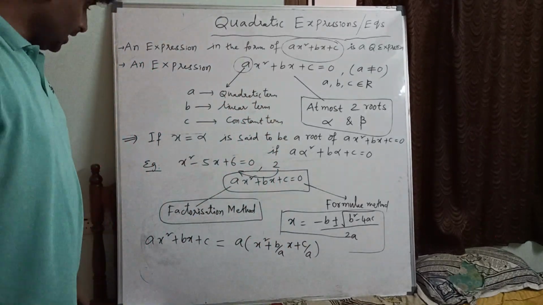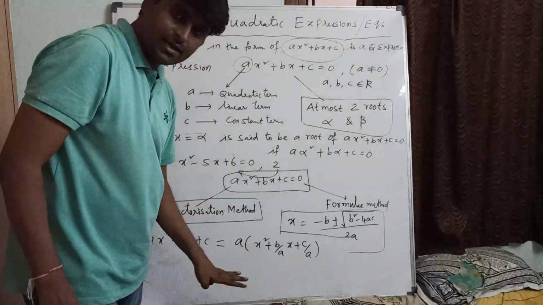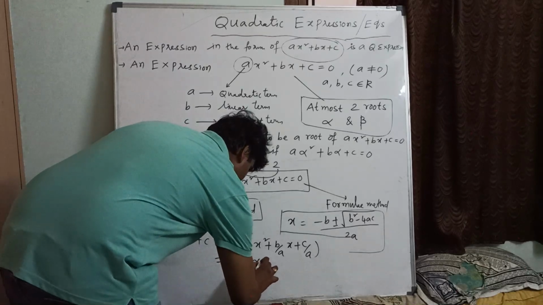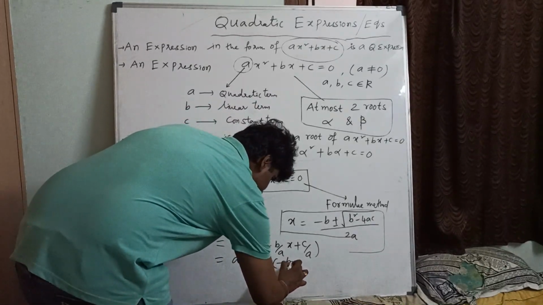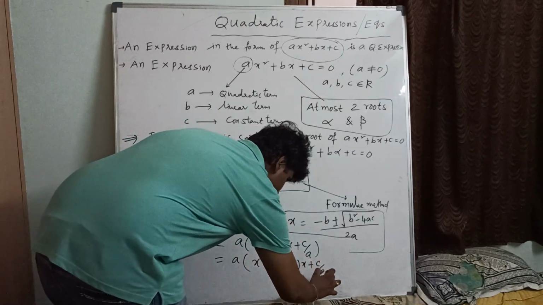Clear? Now, I am just taking a common here. So b by a, c by a. Now, a into x square, here can I take minus outside and 1 minus inside? So minus b by a x plus c by a.